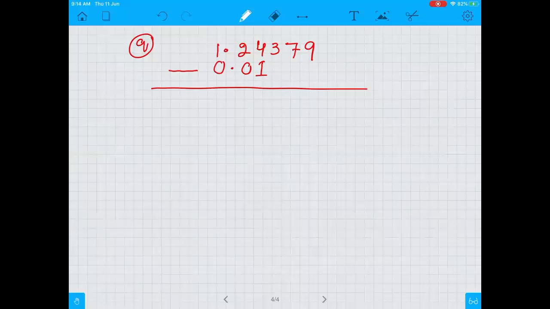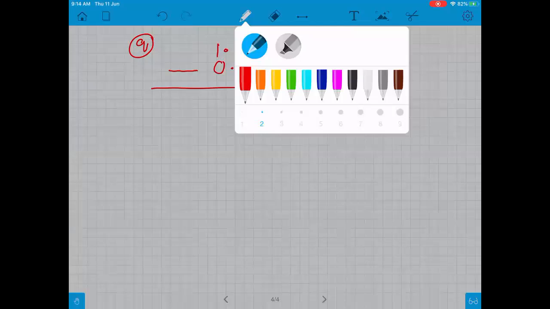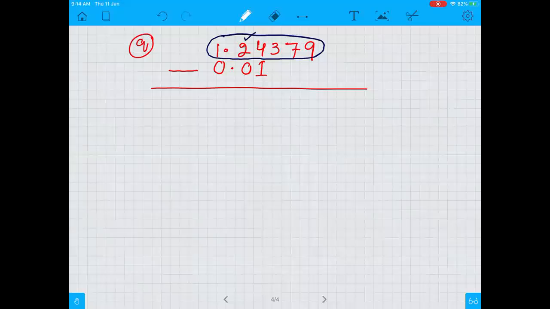First of all, which one of them is least precise and which one of them is more precise? If you focus on this value, it has 1, 2, 3, 4, 5 decimal places. This value has 5 decimal places, as you see.